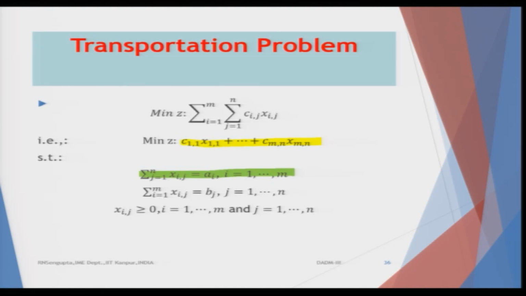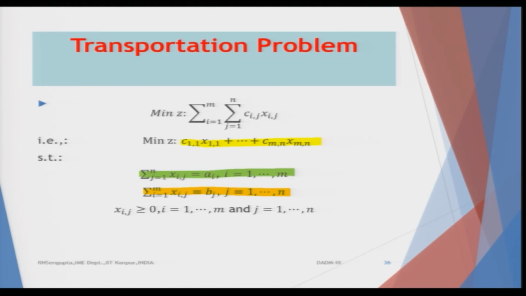So, it is b_1 to b_n, and those values should always balance. So, I will have summation of x_ij, i equal to 1 to m, equal to b_j, for j equal to 1 to n. So, now in the objective function there is only one objective, and the constraints are m plus n, and based on that we have to solve the problem.